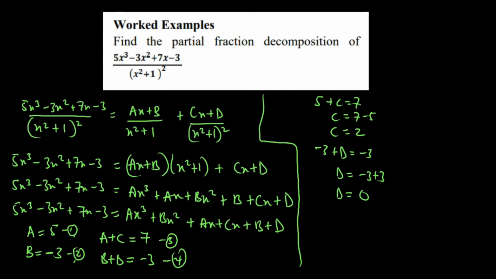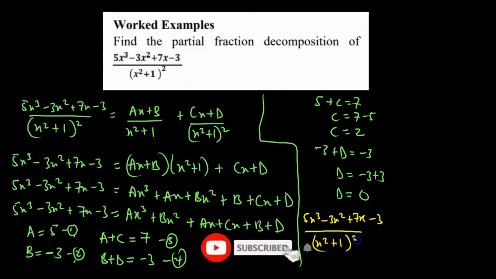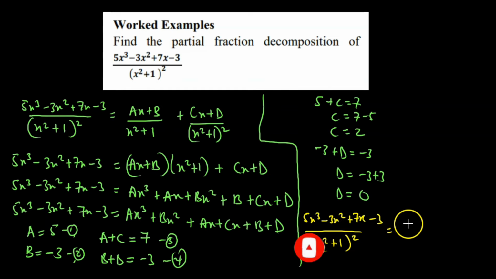Hence, let us write the decomposition for the rational function over there, and that is going to be (5x cubed minus 3x squared plus 7x minus 3) all on (x squared plus 1) all squared. We saw a value as 5, so it was supposed to be 5x plus b.